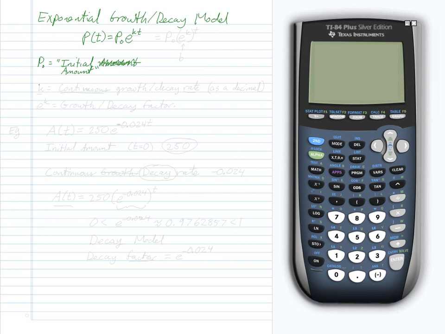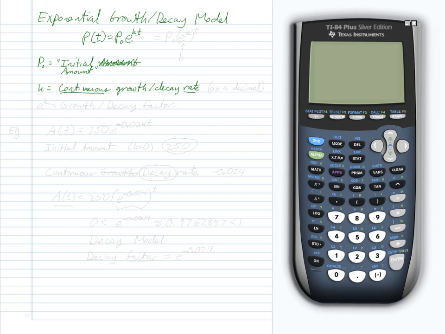Now this number k is called the continuous growth or decay rate. And that is distinct from the base.